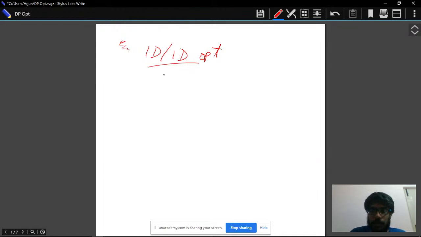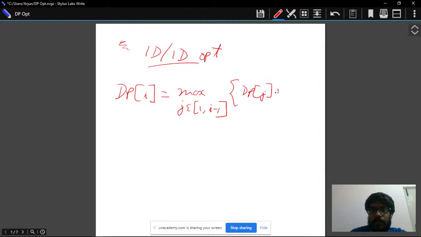So 1D optimization. The setting is the usual typical DP setting, which is, say, dp of i is max or min over j in 1 to i minus 1 of dp of j plus some cost function or weight function of j plus 1 to i.